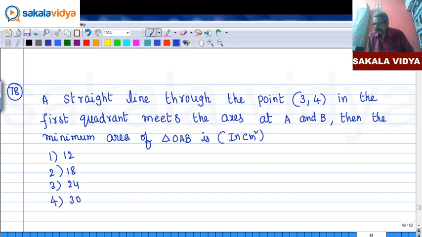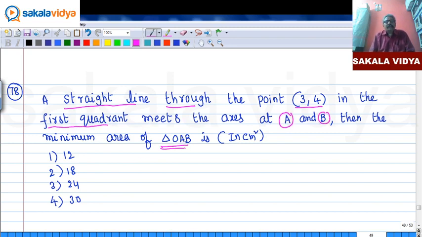So this is the problem. That means the minimum area of the triangle formed by the line with the coordinate axes we need to find out.